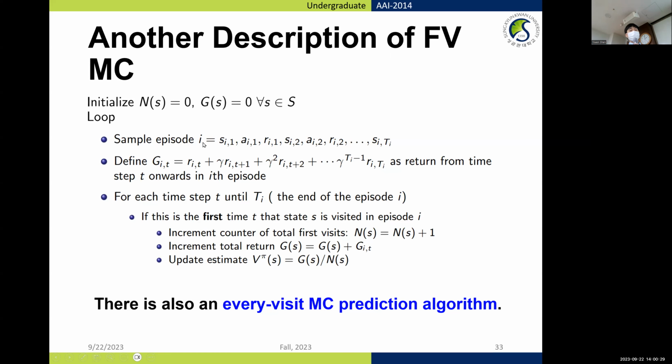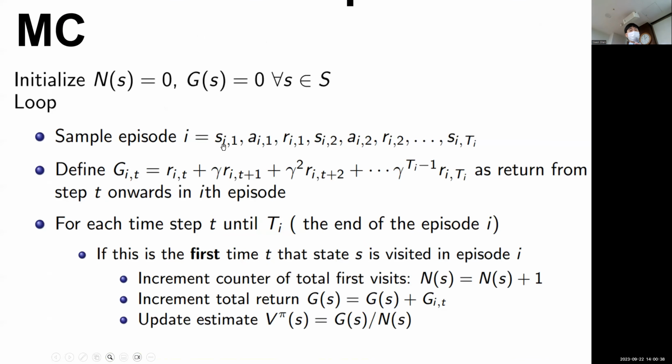You have an episode i, a particular episode i, and you have two subscripts: the first is the episode i, and the second is the time step. For this particular episode, there is a time step. So you have multiple episodes, right? Then define this G_i,t. For a particular episode, you have the accumulated rewards, which is the return, right?